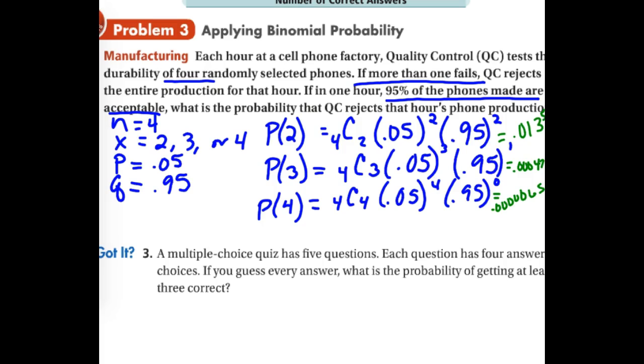This last number, very small. When it says we are going to reject the phones if 2 fail, or 3 fail, or all 4 fail, that means we want the probability of this, or this, or this, right? We have to add those up. So we need to take all these green numbers and add them up. Go ahead and do that.